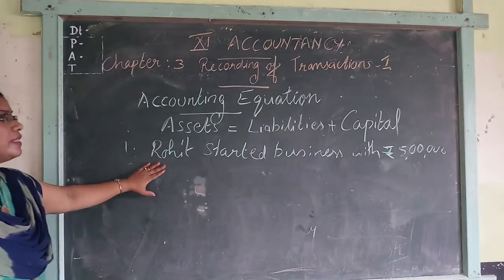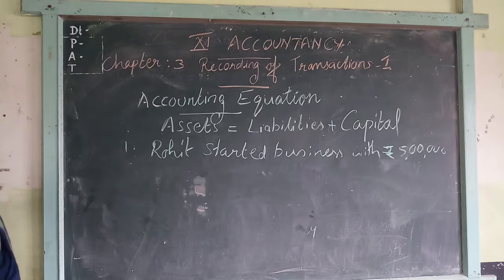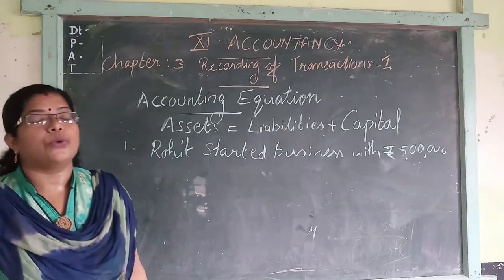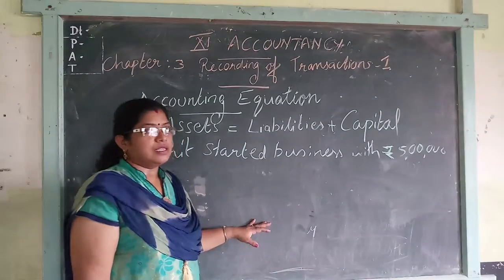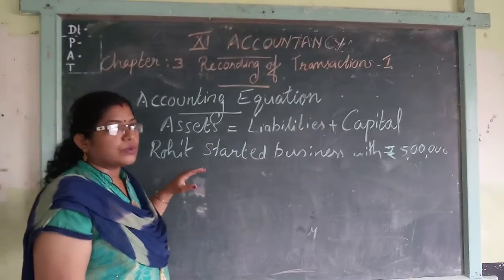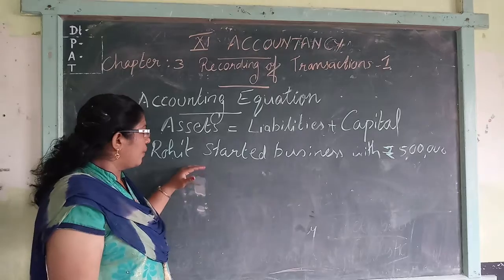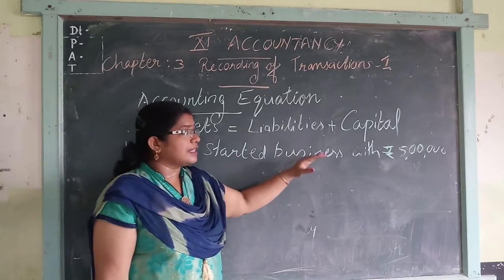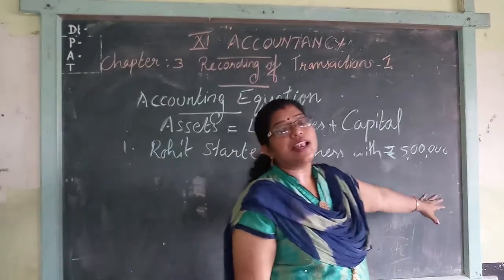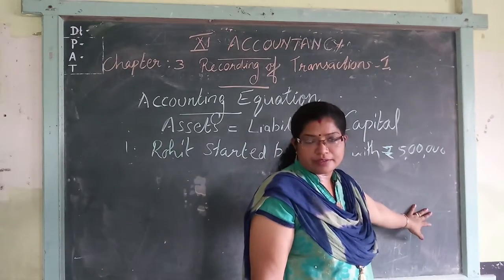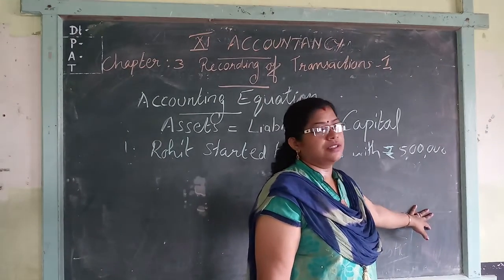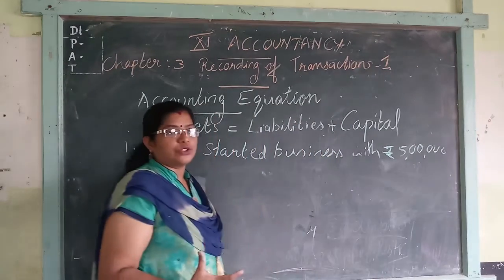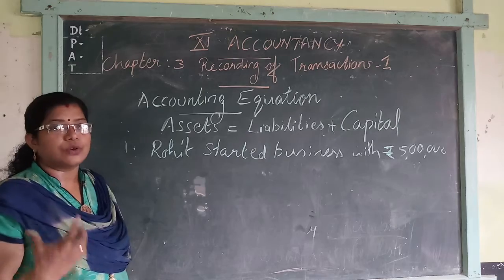That 5 lakh is the amount he contributed in the business, isn't it? Who is the proprietor here? Rohit is the proprietor, contributing 5 lakh rupees in the form of cash.